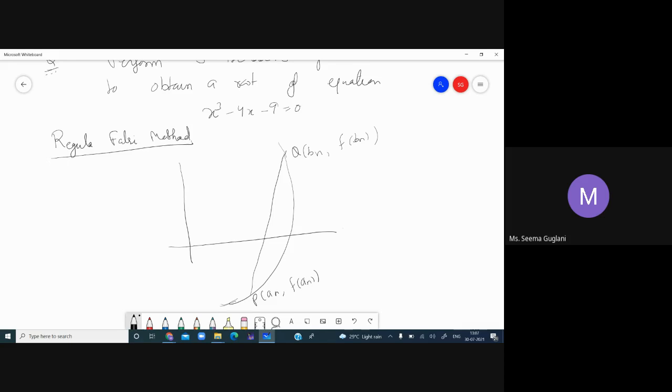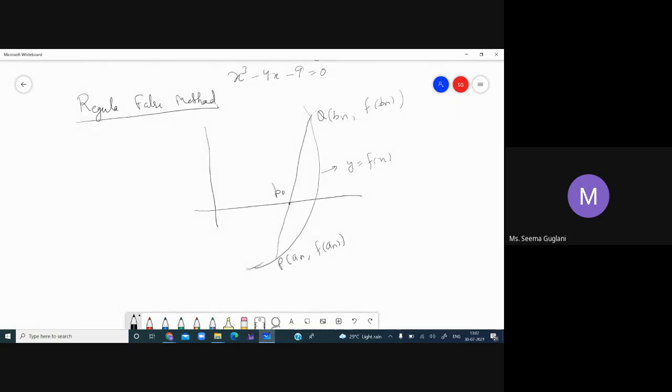Suppose it is intersecting the x-axis at point Pn. This is the graph y is equal to f(x), and we have drawn a chord joining 2 points on the graph, that is P and Q, and it intersects the x-axis at the point Pn. Is the graph clear?